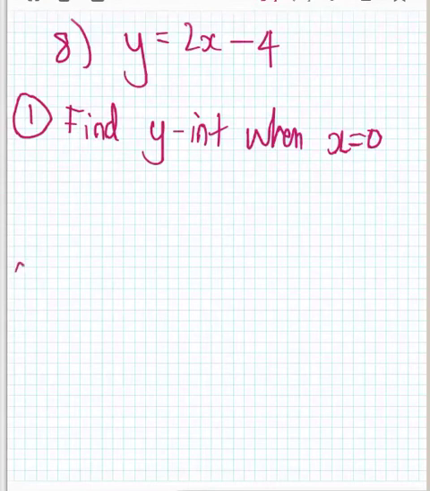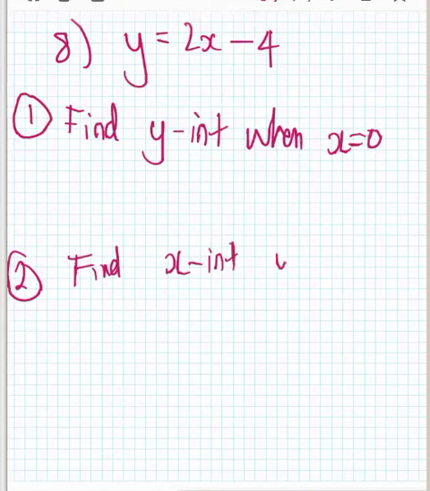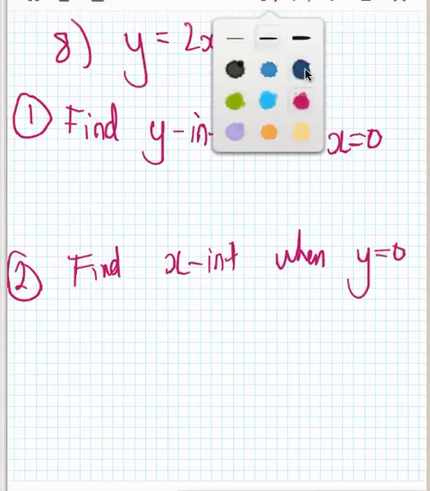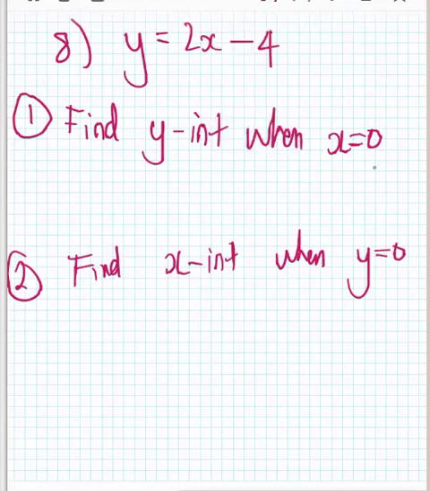Your second step, find the x-intercept when y is 0. And that's it. Okay? And we know that the y-intercept is when x is 0, and we know that the x-intercept is always when y equals 0. So please make sure you've watched that lesson in case you're still not sure.